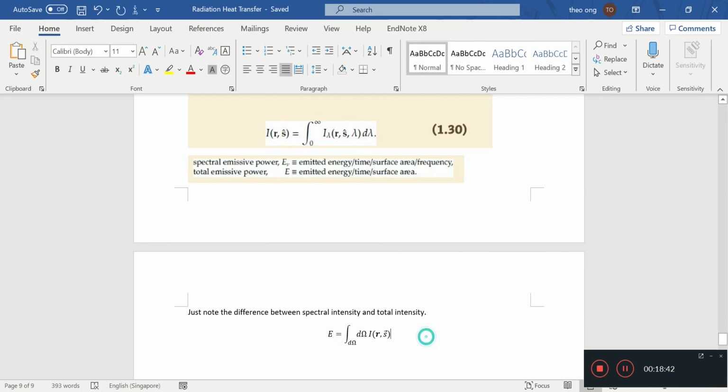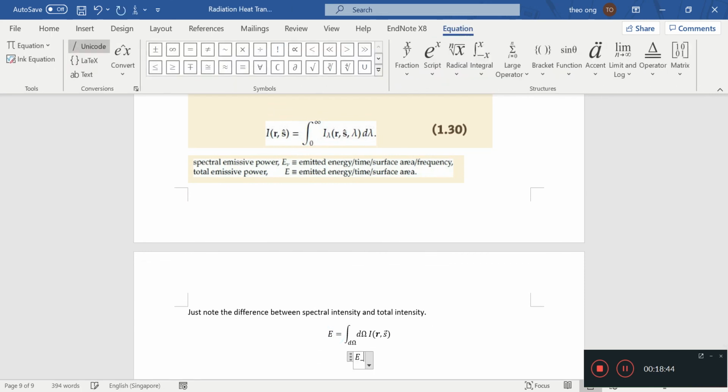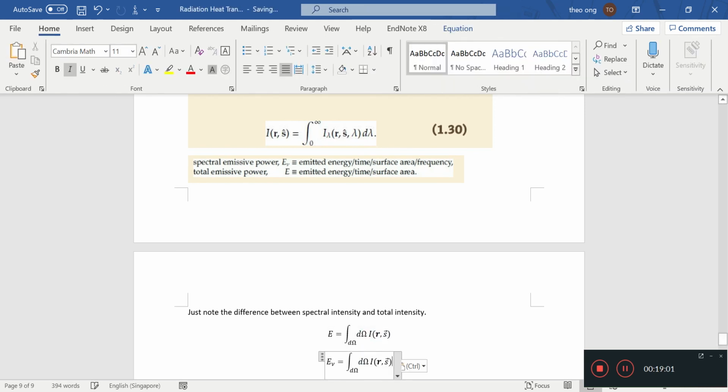If there's a spectral component to it, just integrate over all solid angles of I_R,S,nu. That's all.